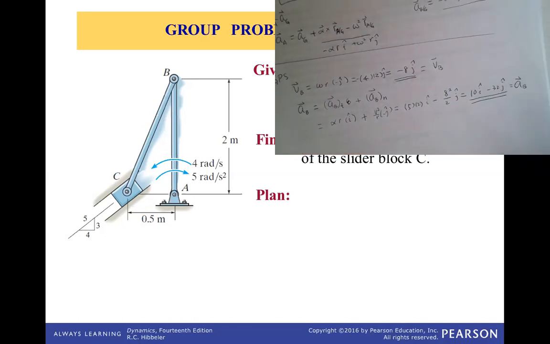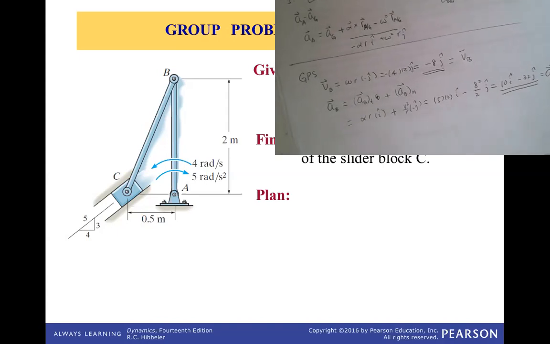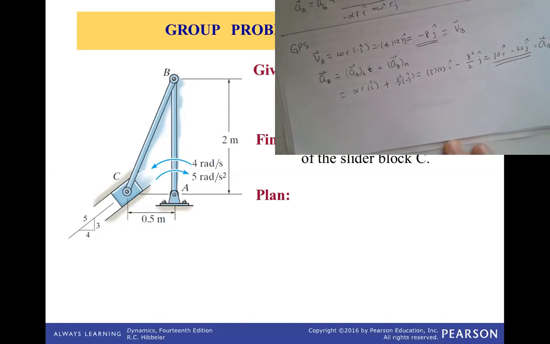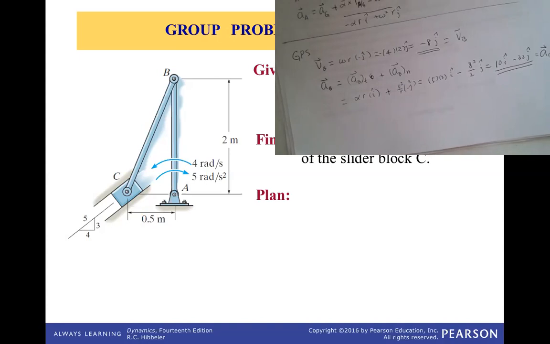We need this to figure out the oscillation at point C, and then the velocity at point C, by applying the relative oscillation and velocity equations. Let's look for the velocity first. If you look at slider C here, it just slides along the groove, so it's in that fixed direction.